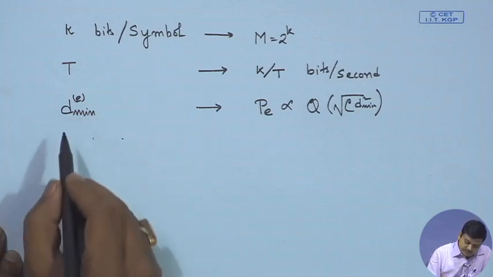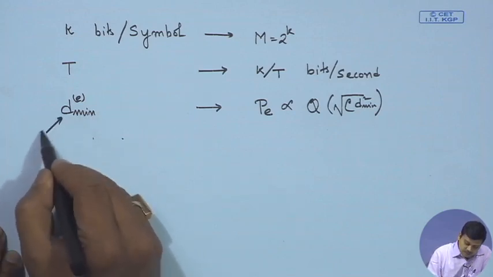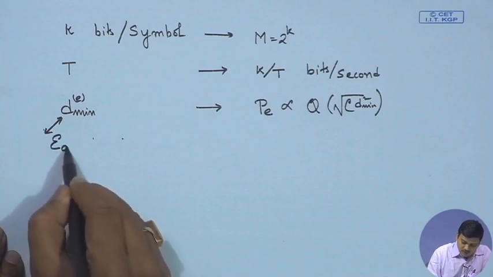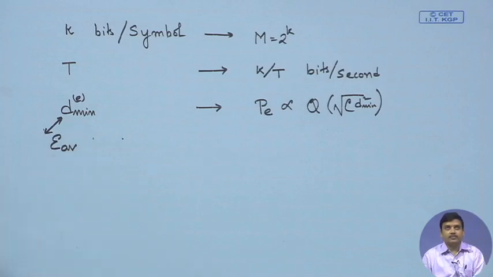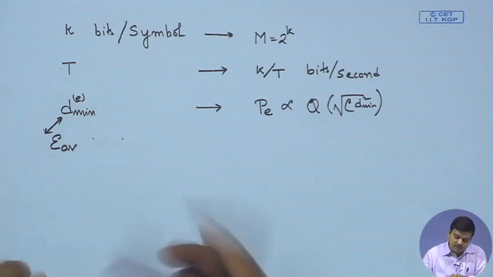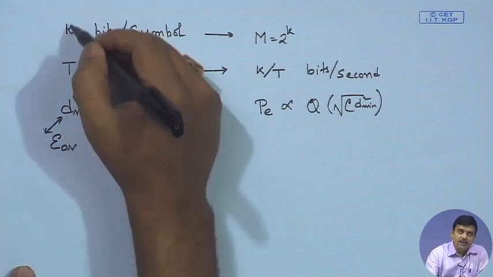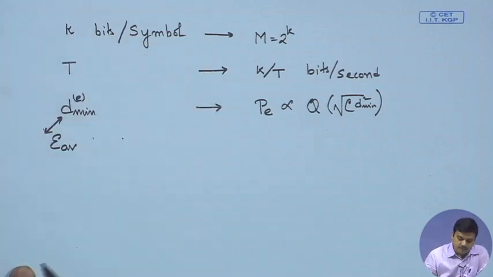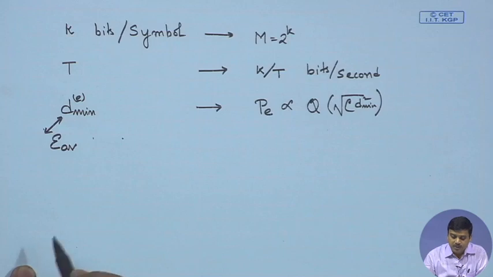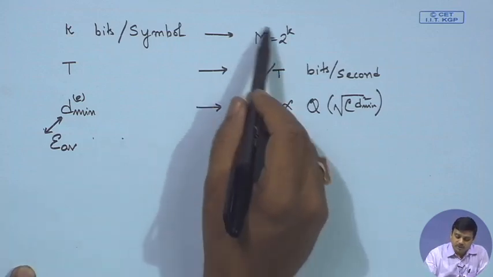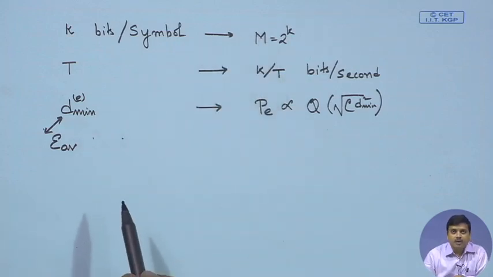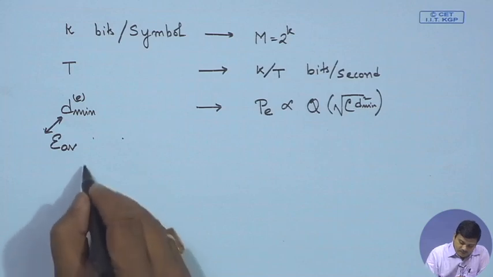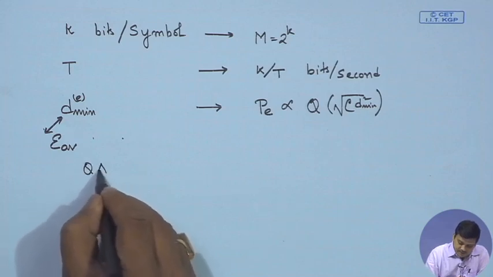And d min is somehow related to E average, which is the average energy. So, there are at least 3 independent factors available in order to choose a particular size of constellation.